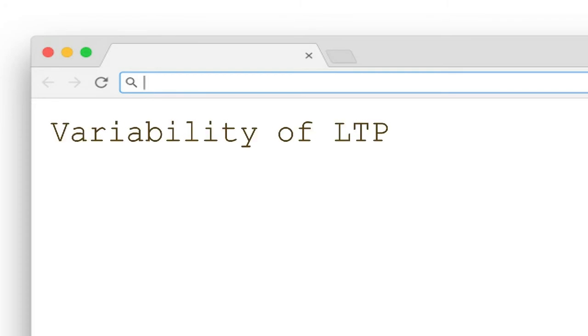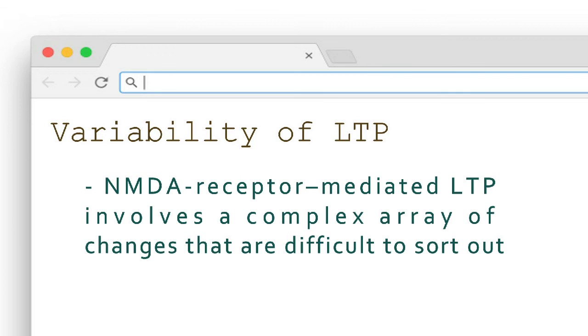So now let's move on to the next topic, which is the variability of LTP. Most of the research on LTP has focused on NMDA receptor-mediated LTP in the hippocampus. It is now clear that NMDA receptor-mediated LTP involves a complex array of changes that are difficult to sort out.